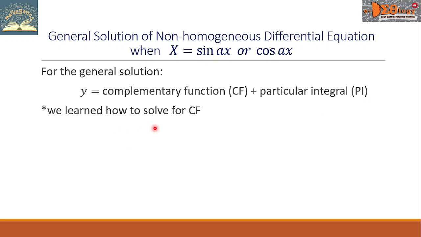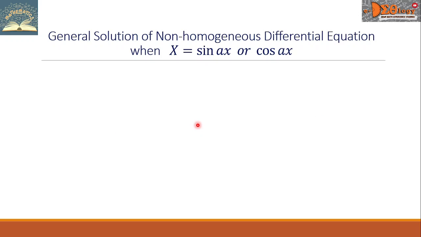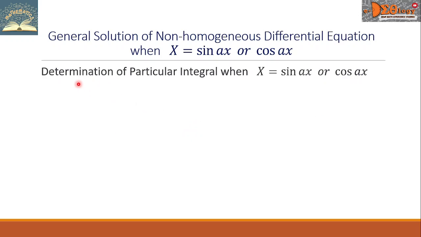We learned how to solve for CF. So this time, we're going to determine particular integral when capital X equals sine AX or cosine AX. Let's begin with PI of sine AX. This is equal to 1 over f of d squared times sine AX.